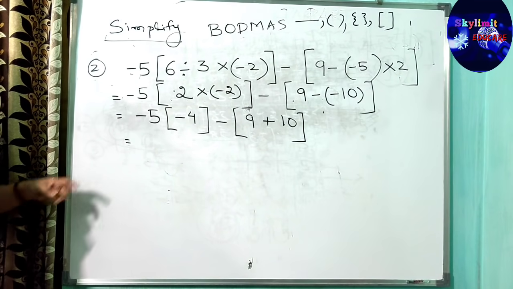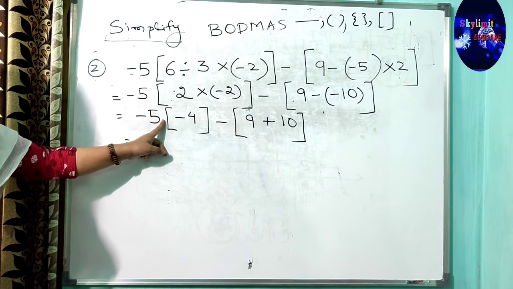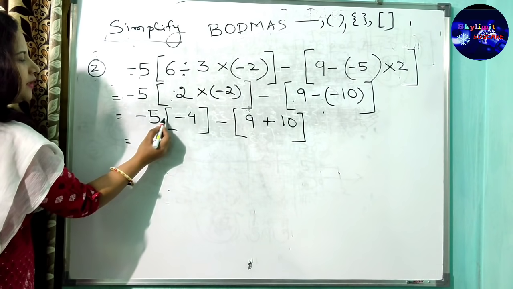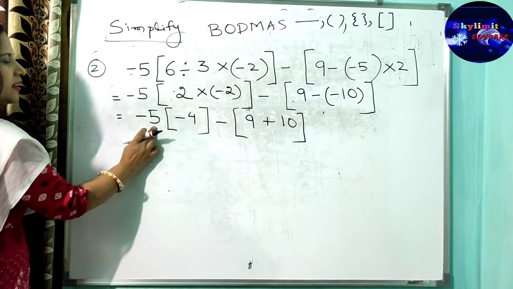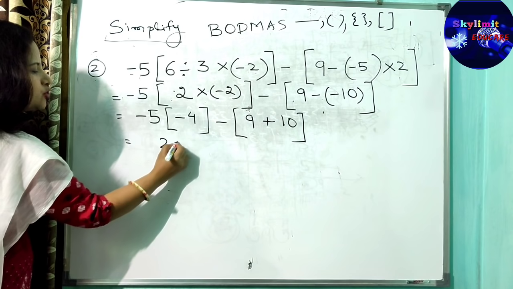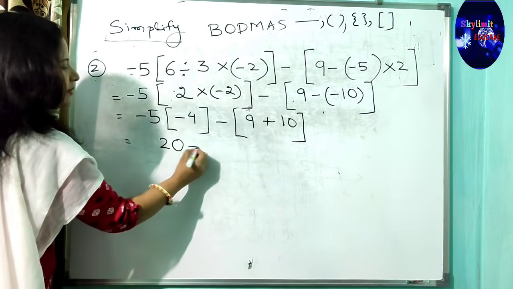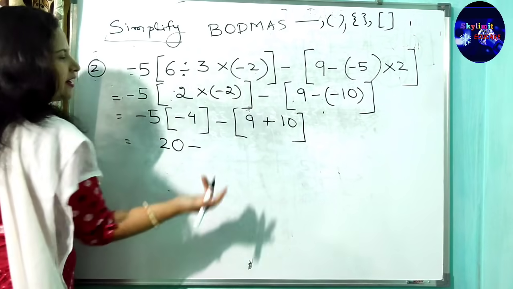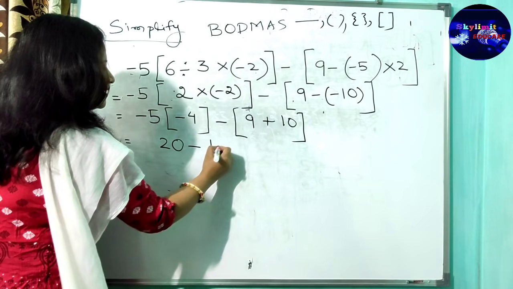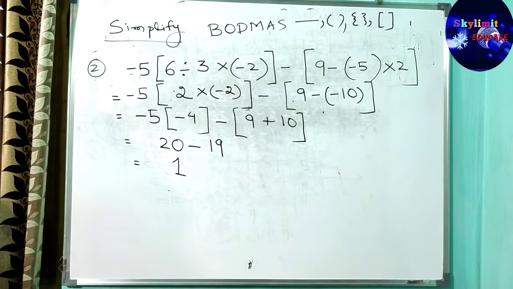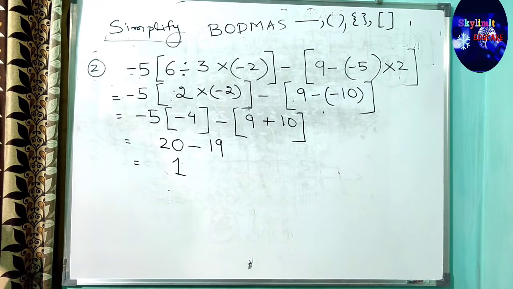So, there is no sign in between, so you have to multiply. 5 multiplied to 4, 20. Minus multiplied to minus, plus. Here, 20 minus, 9 plus 10, inside the bracket what are you having? 9 plus 10, it's obviously 19. So the answer is 1. The answer is 1. Okay?